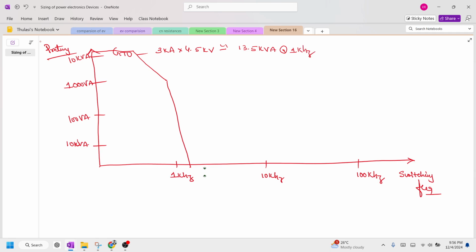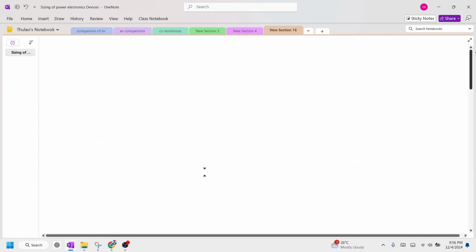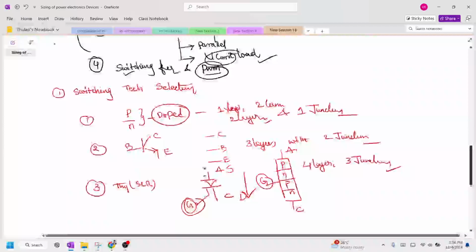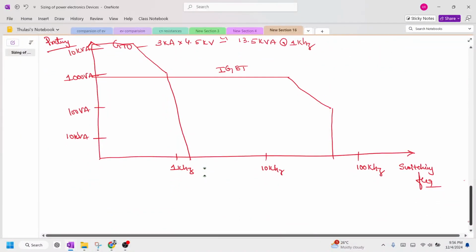The next device we are going to select is at 3 kVA. In this region, the device characteristics are exhibited by the IGBT. Already we discussed it. The components I'm discussing are GTO, IGBT, BJT and MOSFET. The IGBT is called the insulated gate bipolar transistor.